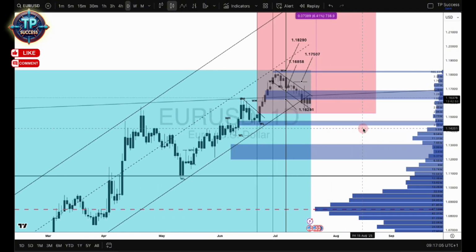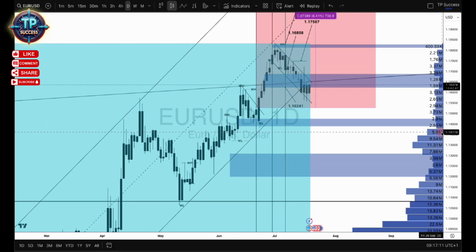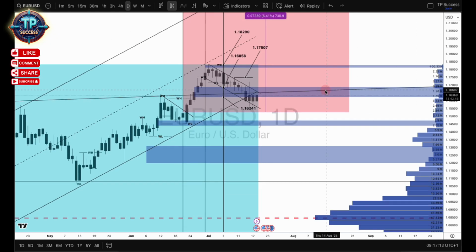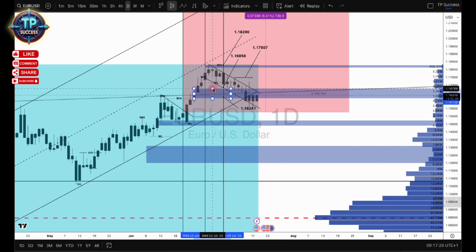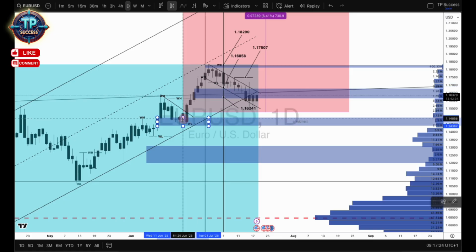Okay, with that all said and done, we're just going to jump into the hour real quick. Actually, before I even do that, let me make sure that I've adjusted this volume profile properly so everything is how it's supposed to be.